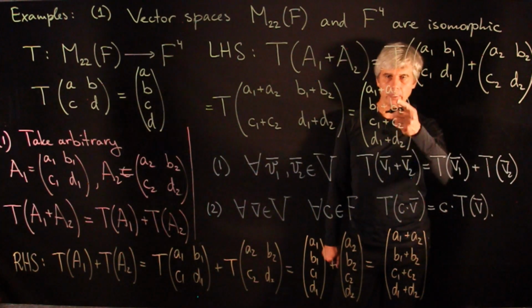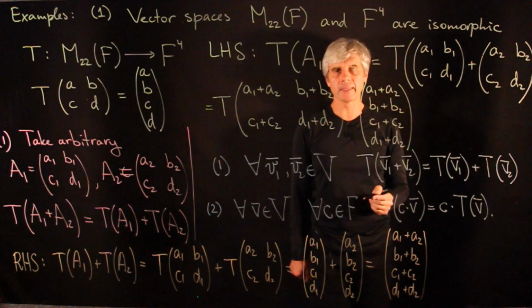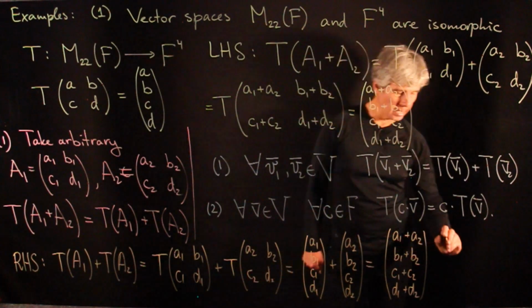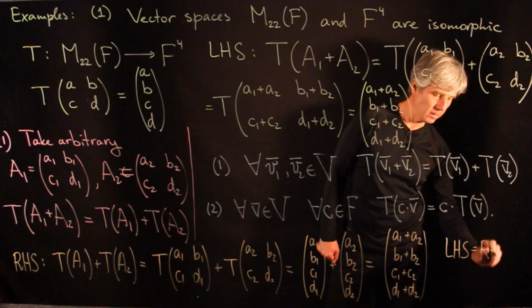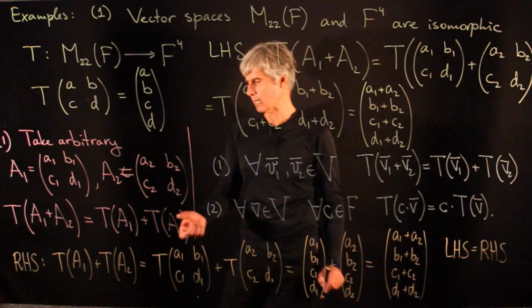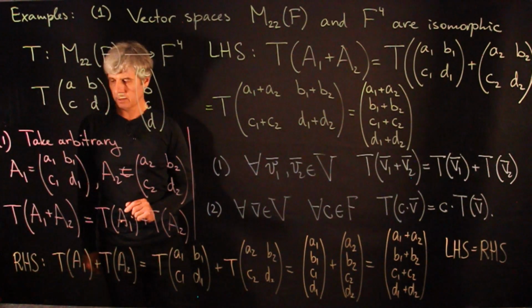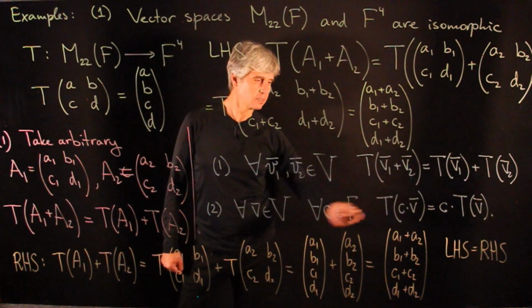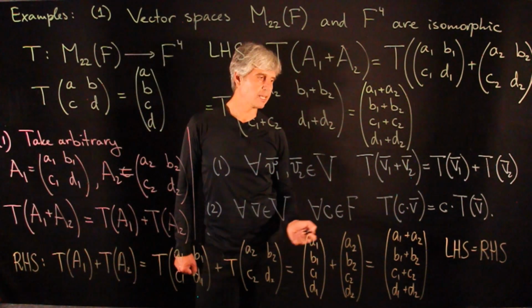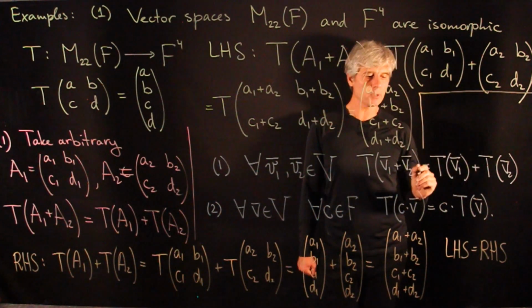And so what we see is that the result of computation of the left-hand side is exactly the same as the result of computation of the right-hand side. So this shows us that this property holds, right? So the second property I leave for you as an exercise, phrased in terms of matrices.